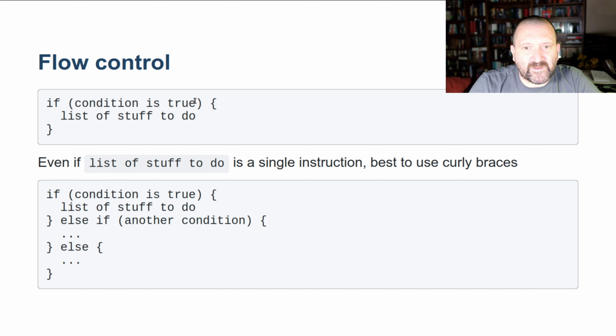I will point out that you can forfeit the curly braces if there's a single instruction, but I really recommend against doing this. Just use the curly braces even if you're doing just one thing, because when you get into else statements, that leads to confusion over time.